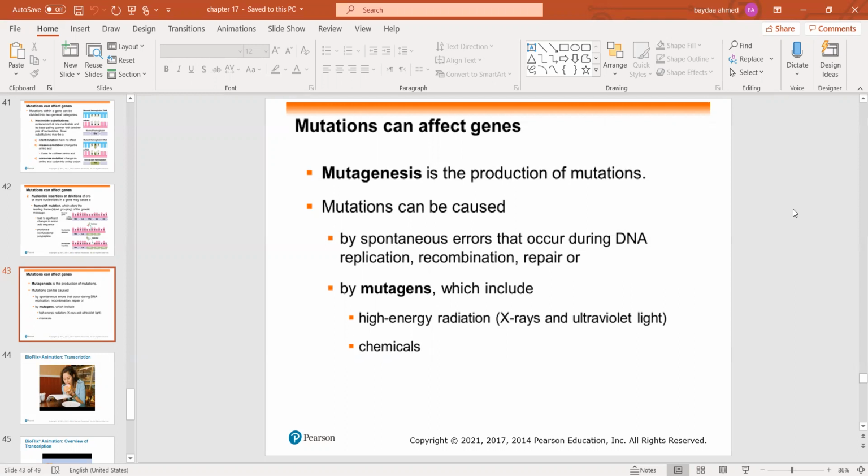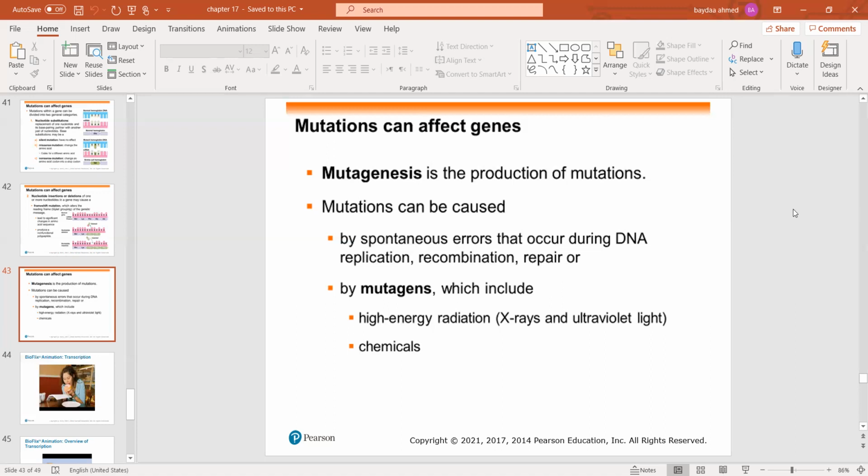Chemical mutagens fall into several categories. Nucleotide analogues are chemicals similar to normal DNA nucleotides, but that pair incorrectly during DNA replication. Other chemical mutagens interfere with correct DNA replication by inserting themselves into the DNA and distorting the double helix.